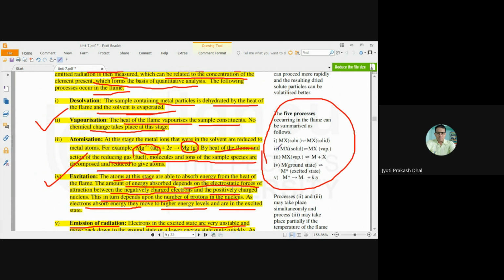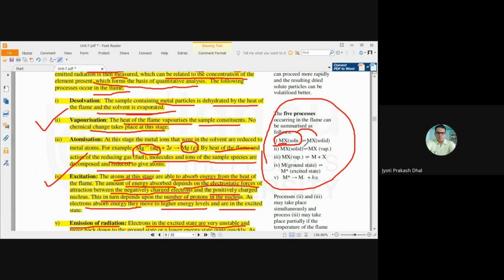First, we have to make a solution. Suppose MX is a salt of the metal M. We make a solution of the salt MX in a particular solvent, and when the solution is nebulized into a flame, the solvent will be evaporated.